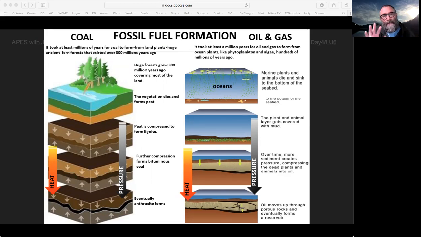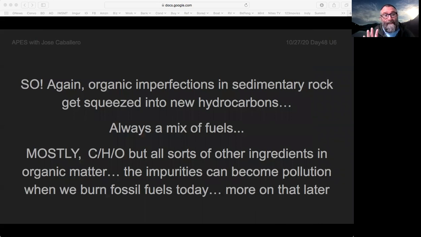This is a generally conceptual introduction, and we'll get to details later. So again, the thing I need you to know now is fossil fuels are basically a layer of organics that are trapped in sediment, and that's an imperfection. That's rare. 99 out of 100 sediments will only be rock, but 1 in 100 or 1 in a million or something will trap a layer of organics somehow, that sudden rush of sediment that sandwiches the organic material.